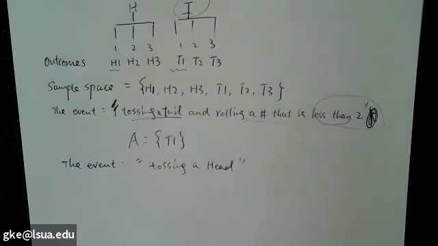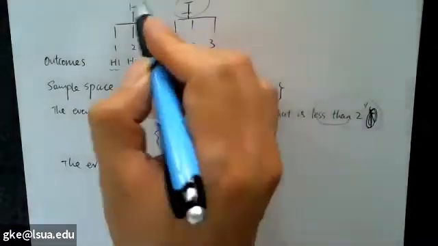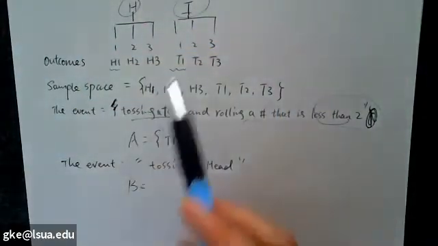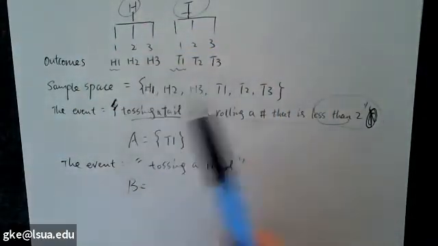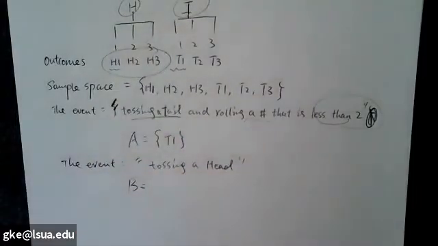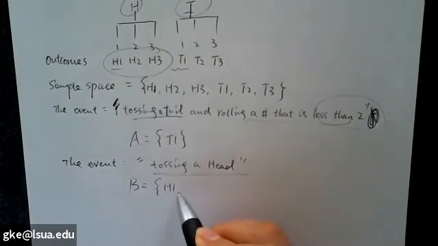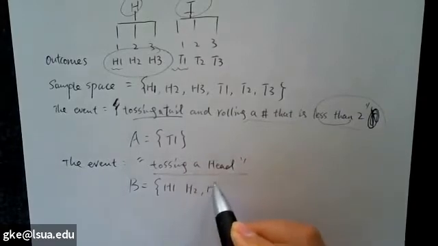Okay, I'm going to write down the answer for this one. Tossing a head is H, right? So that's nothing about rolling a number. So the only three outcomes that satisfy this event should be H1, H2, H3.